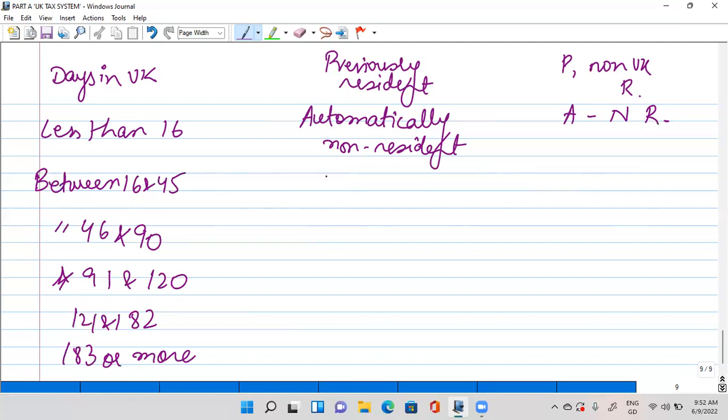Previously, if he has been a resident, he will be classified as a resident if four or more ties meet. For 46 to 90 days, he would be resident if three UK ties meet.